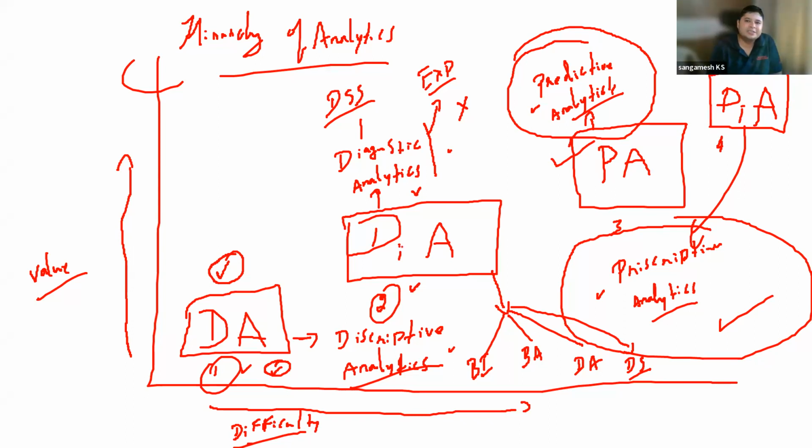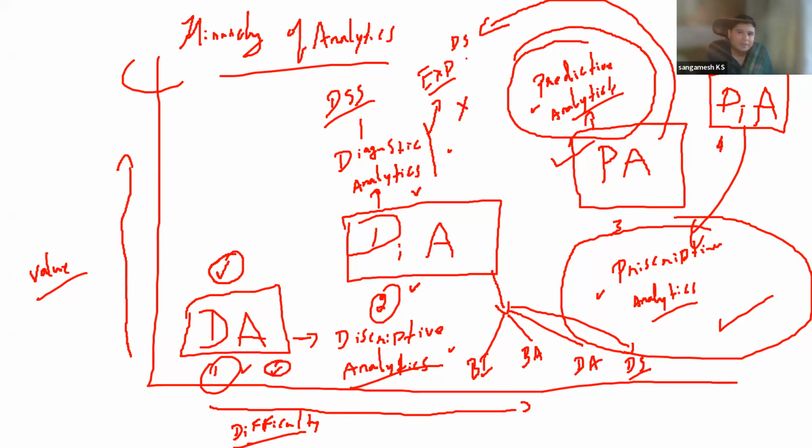For that specific reason, there are various roles which are available for this particular section as well, that is predictive analytics. There is data scientist, and even a data analyst will do predictive analytics.